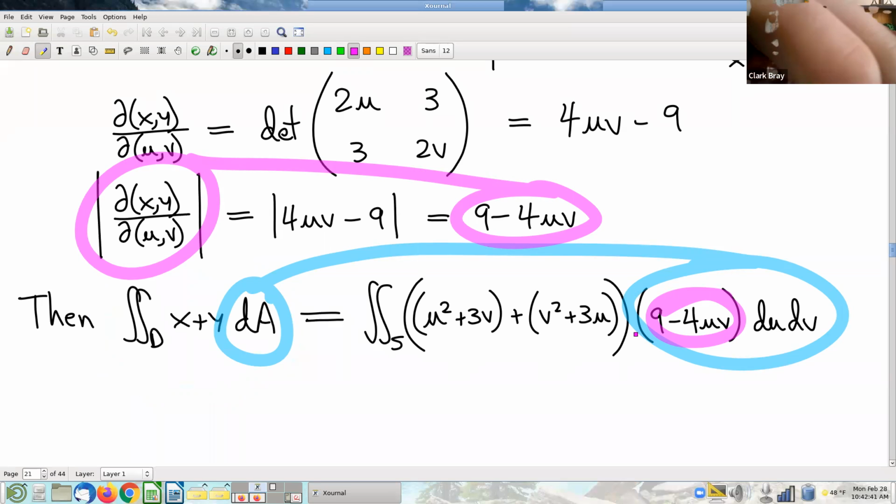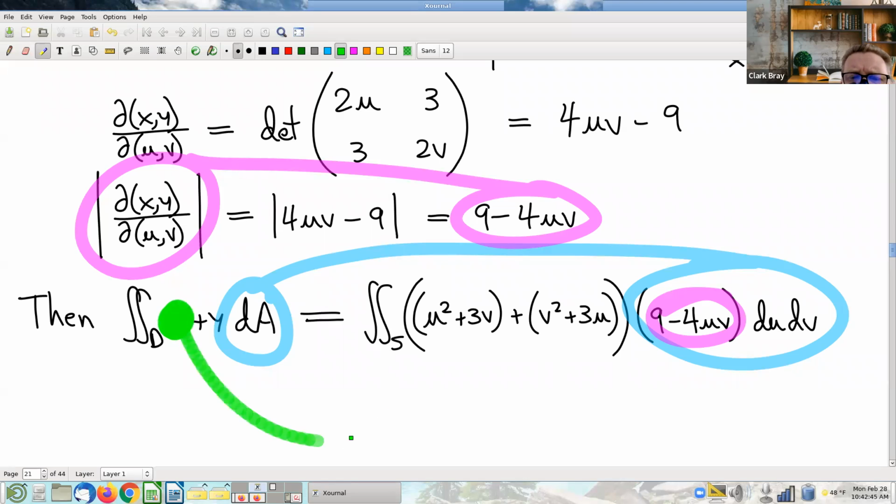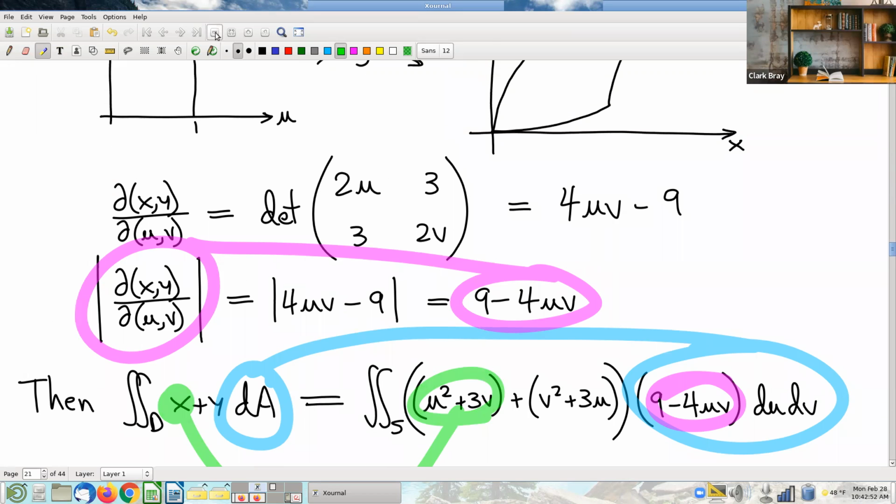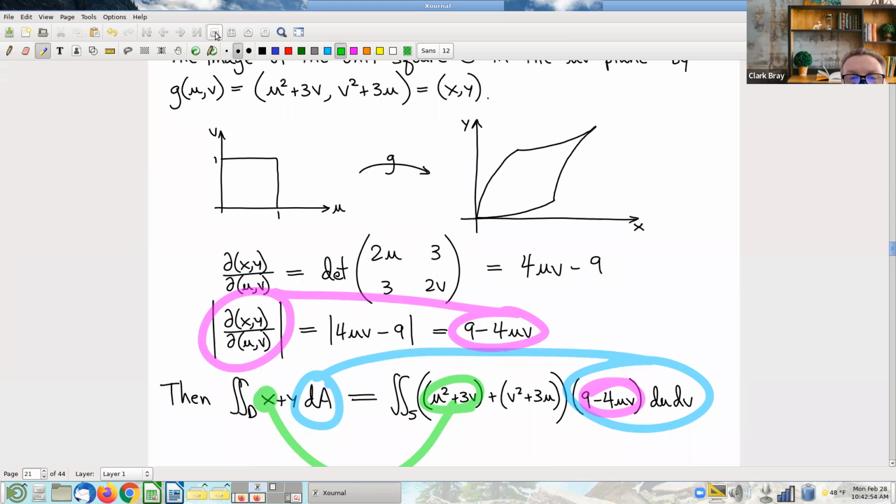So let's see here. Now, by the way, where did this come from? That x, it would seem, is u squared plus 3v. How do I know that? Well, it actually came straight out of the g function. That was given. You can see it right here: x is u squared plus 3v.